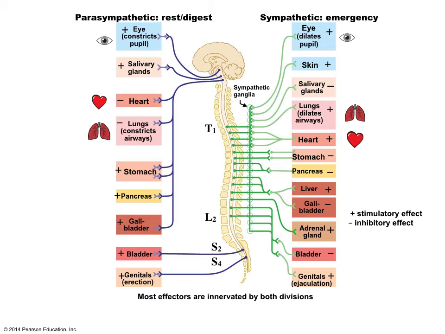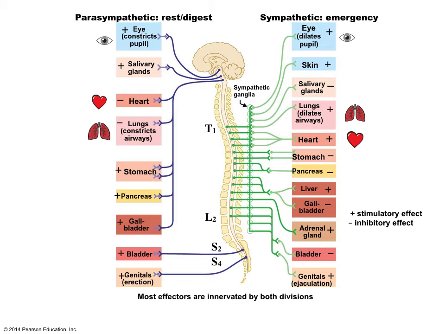The sympathetic effect on the heart is to stimulate heart rate and the force of the heart contractions. Therefore, it has a little plus by it, meaning it's a stimulatory effect. In complete opposite direction, the parasympathetic division, the rest and digest, will lower heart rate.